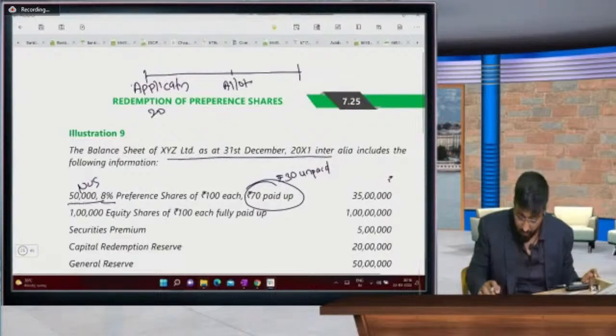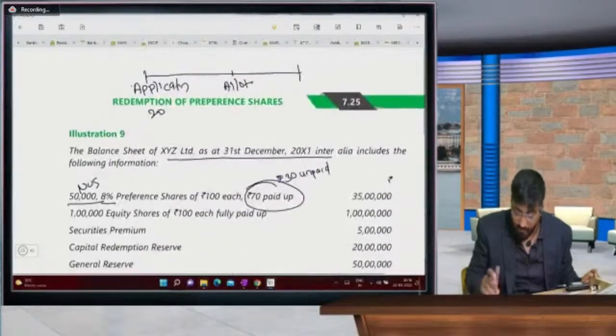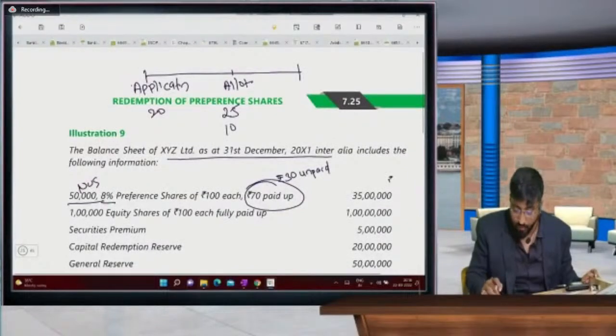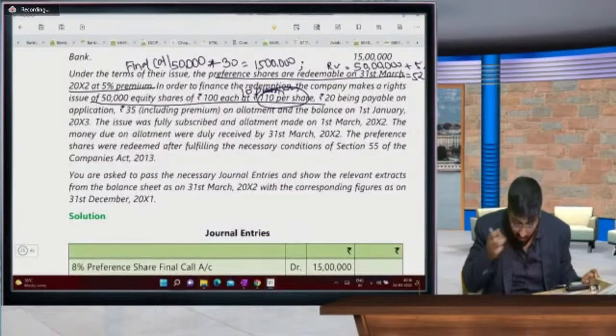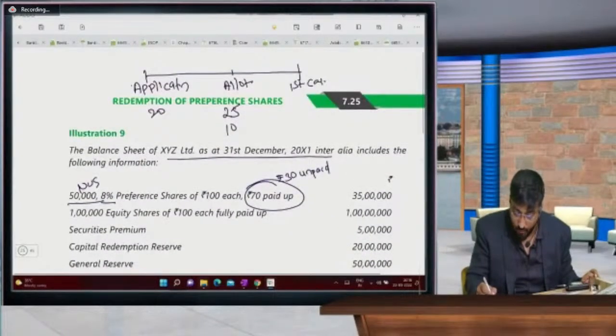Allotment is 35. So 10 rupees premium, 25 rupees allotment. And balance first call 55.